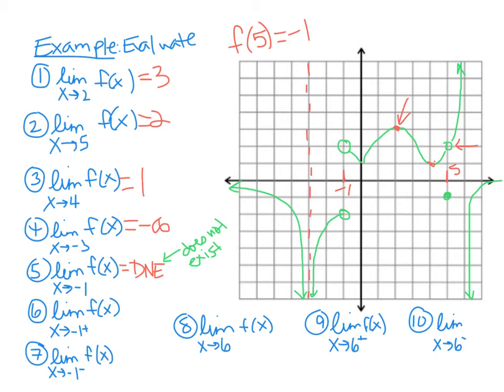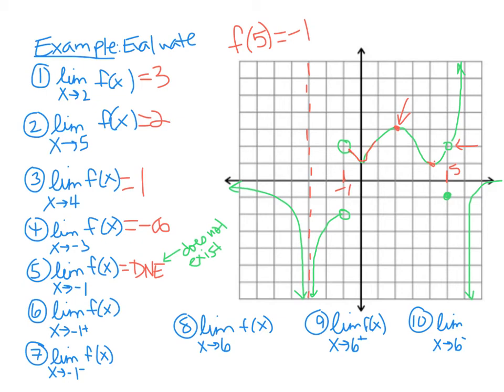All right, so we've already established that the limit as x approaches negative 1 doesn't exist. However, we have one-sided limits that do exist. So the limit as x approaches negative 1 from the right side, that means we're going along on this graph, and we hit x equals negative 1.